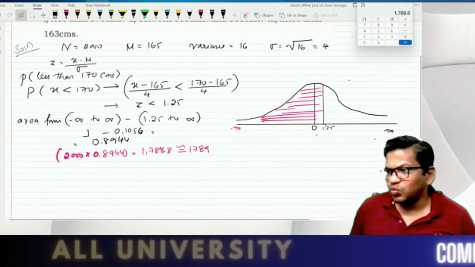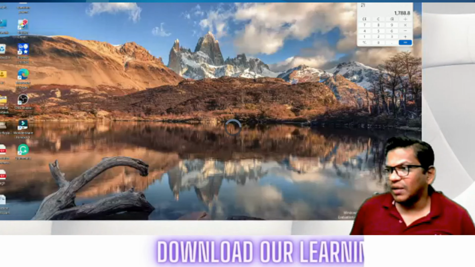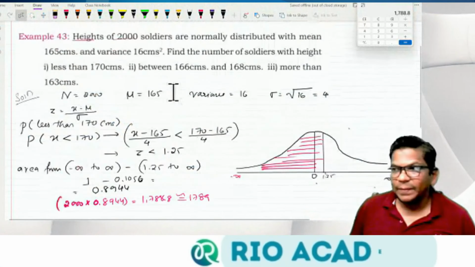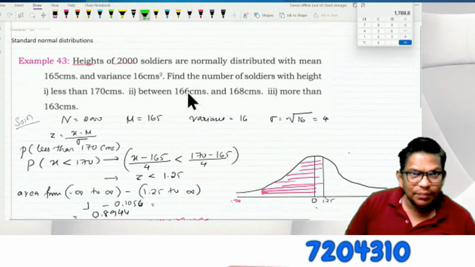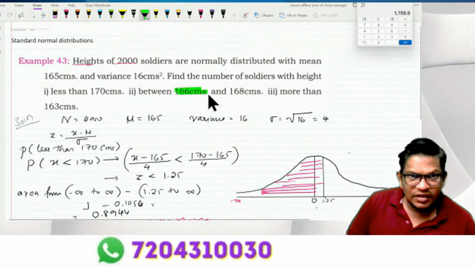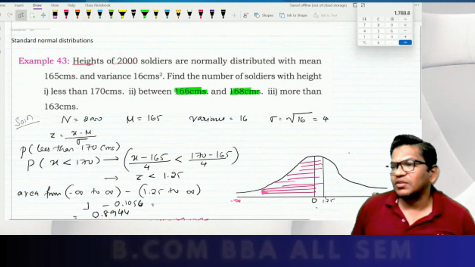Next, what is this? क्या बोल रहे हैं? Ready? Next, they're saying between 166 centimeter and 168 centimeter. ठीक है जी? चलो.